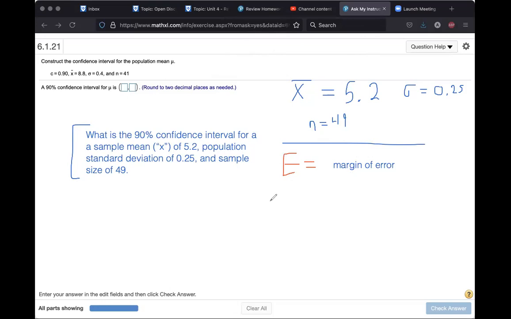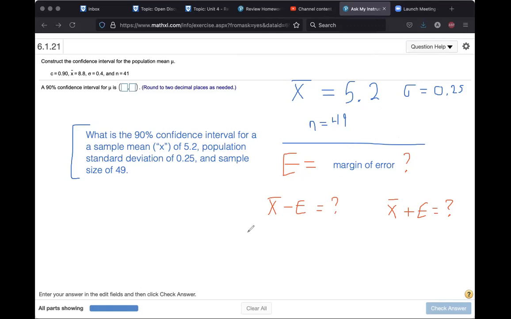Once you find the margin of error, you take your X bar and subtract the margin of error from it, and then you take your sample mean X bar and add the margin of error to it. So the key to the whole thing, we know what our X bar is. There it is, 5.2.